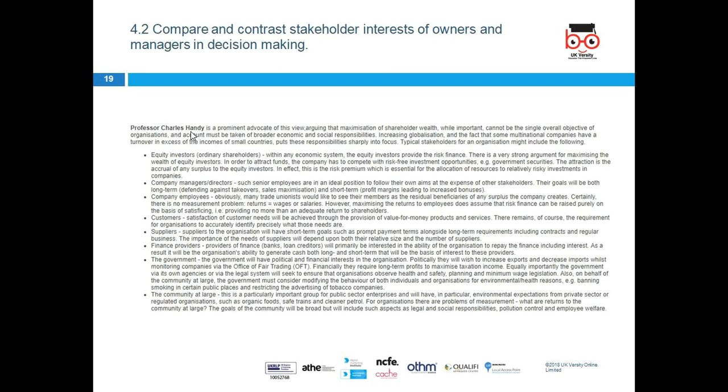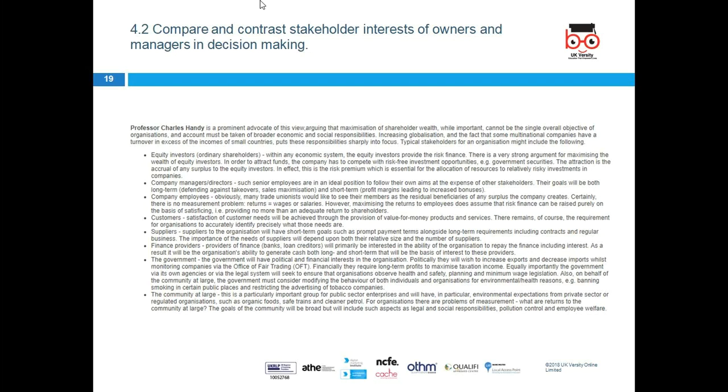Professor Charles Handy compared and contrasted the stakeholders' interests. The owner's interest is to maximize profit. Employees' interest is to get maximum salaries. Customers' interest is to get good quality goods and cheaper products, value for money.